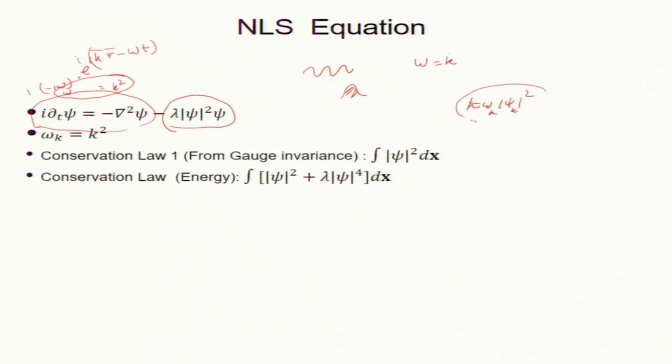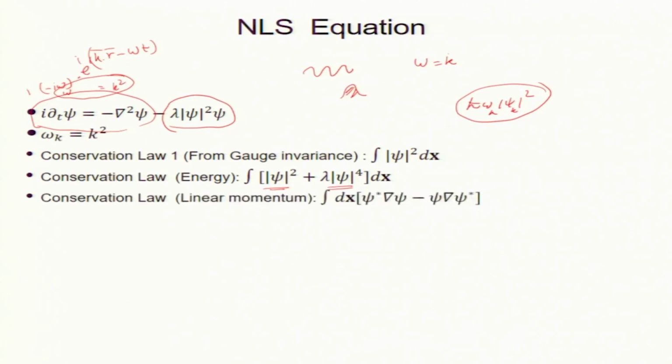So, that is well motivated by the linear part. So, this is the total energy, which is mod grad psi square plus lambda mod psi to the 4, which comes from which symmetry property? What? Time translation, and space translation gives you linear momentum, which is the particle current. Okay.